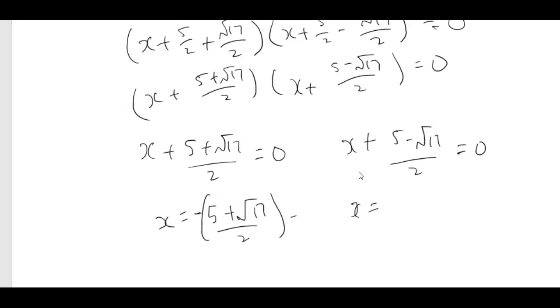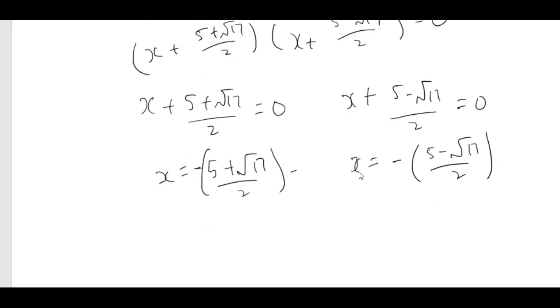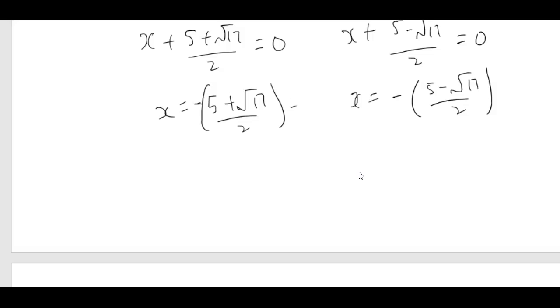And then this is x equals negative 5 minus root 17 on 2. And then when that negative goes in, you can put your negative like that. So the negative is multiplying both the negative 5 and the root 17.